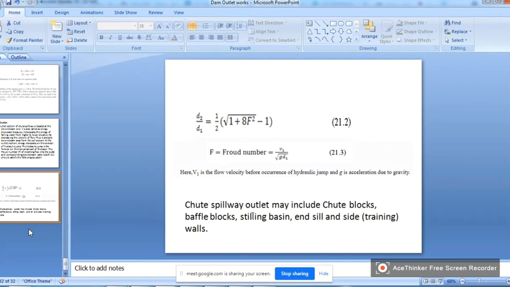That's why it is called a side channel spillway. Hope you got my point. After spilling over the spillway, it takes 90 degrees, which means it is almost parallel to the spillway, and then joins the river on the downstream side of the embankment. So that is a side channel spillway, right?